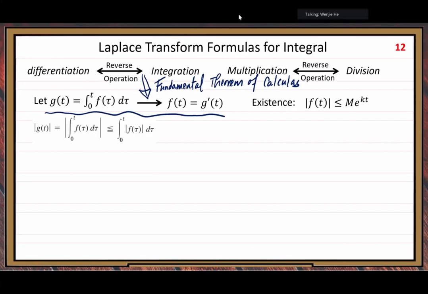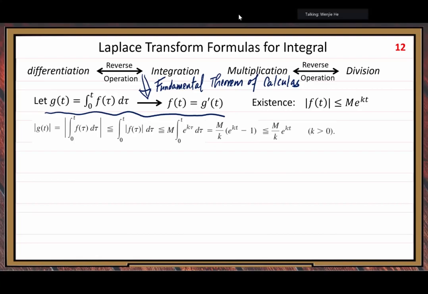Simple inequality. We put the absolute value from outside the integral to inside the integral, so less than or equal to. Then we can apply this formula. Pretty easy. Because of the minus 1, we can cross it out.